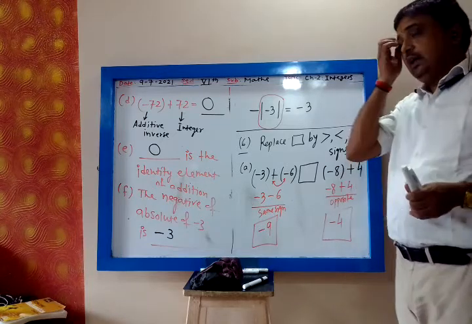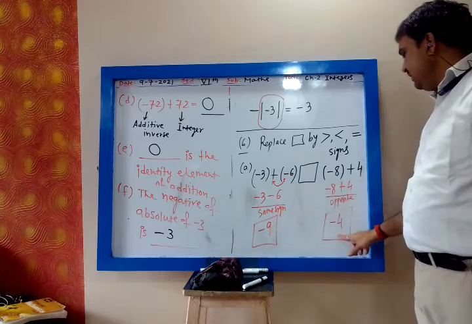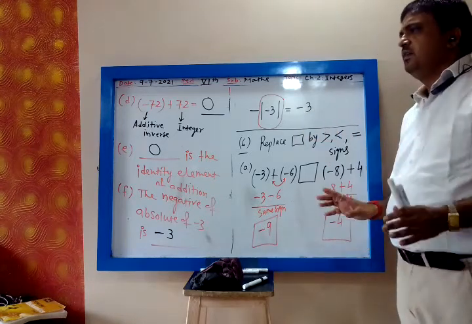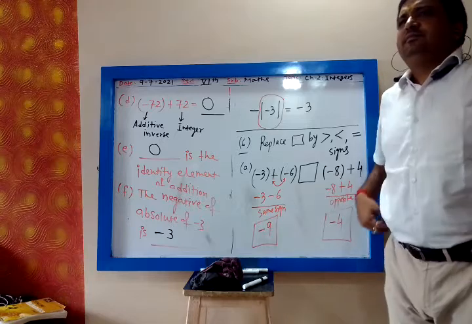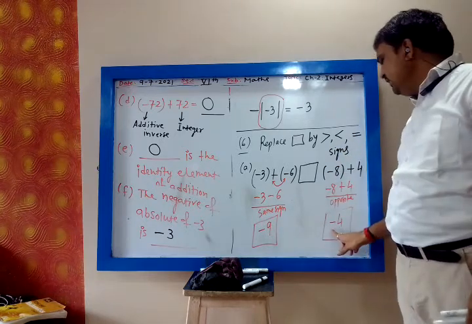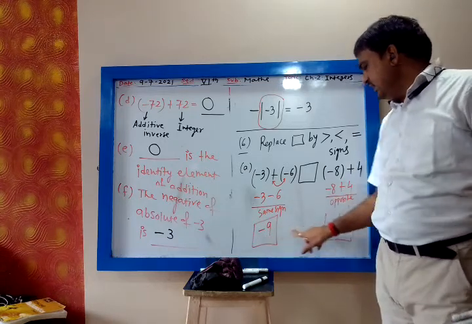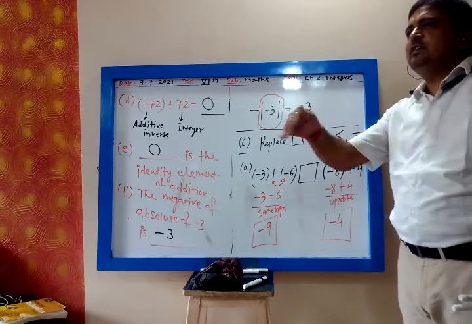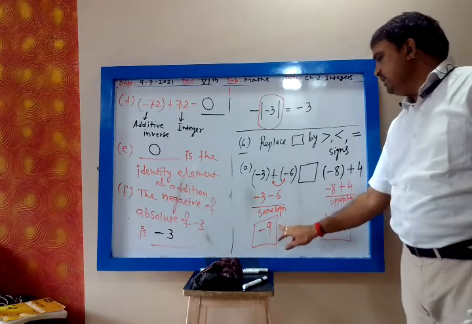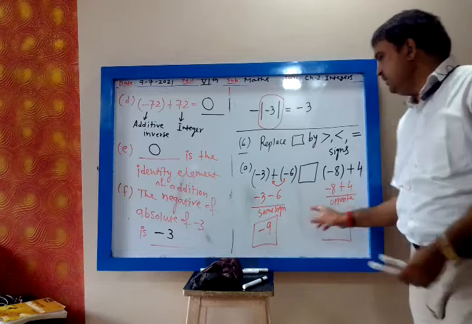Now see, this answer is minus 9. This answer is minus 4. Whenever two integers are negative, then the number which is bigger will be the smaller integer. 9 is bigger, so this is a smaller integer.